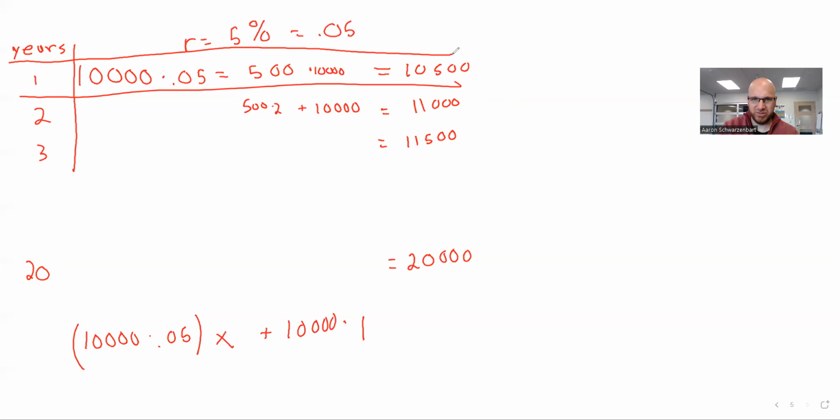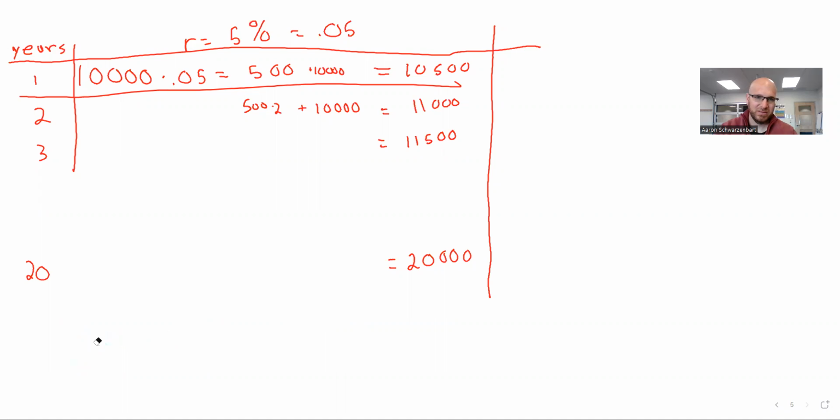With compound interest, I'm going to take my 5% on the amount of interest I have, or on the amount in my account. I'm going to get rid of this for a second. So my first year, I take 5% of 10,000. I still have the same amount. But my second year, I get interest on this whole $500.